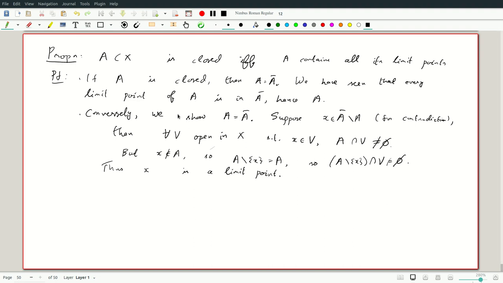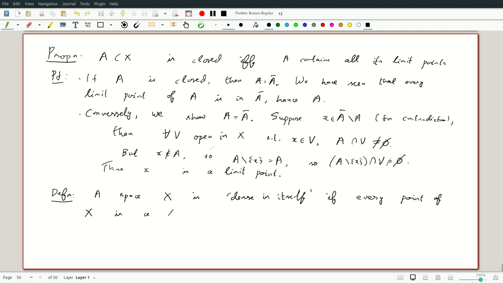So all this is kind of uncovering the structure, in terms of density and so on, of the set. So let's make another definition here. A space X is dense in itself, which doesn't mean X bar is X, which is true by definition, if every point of X is a limit point.